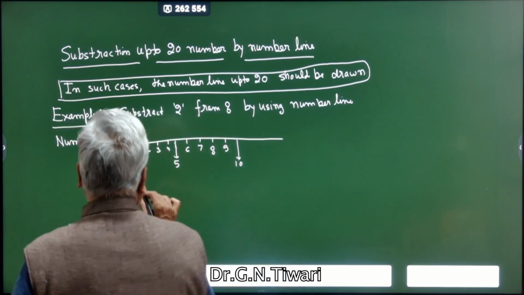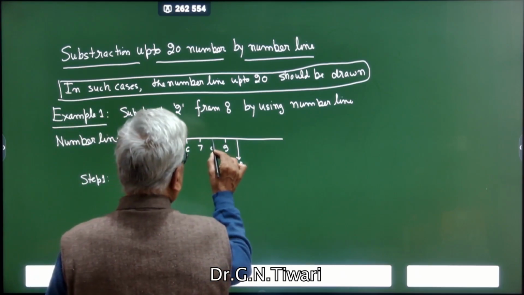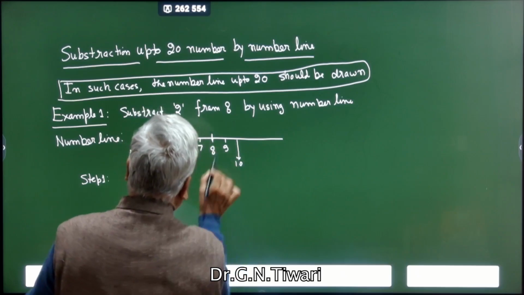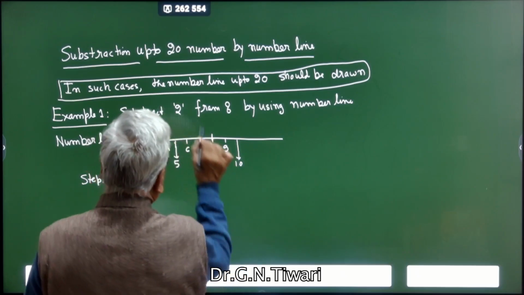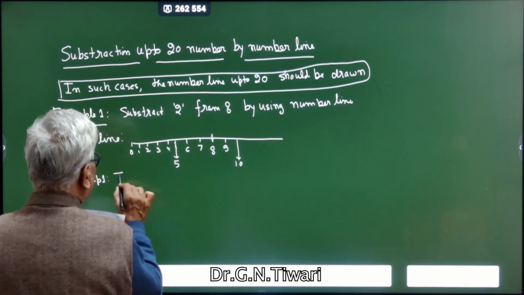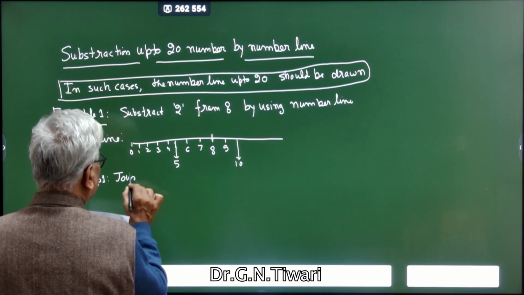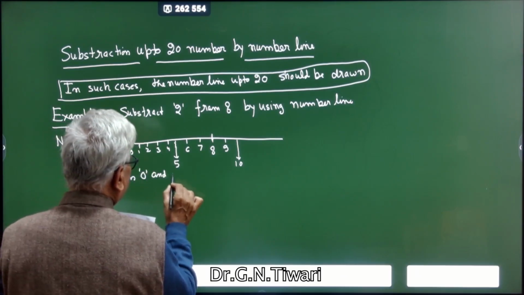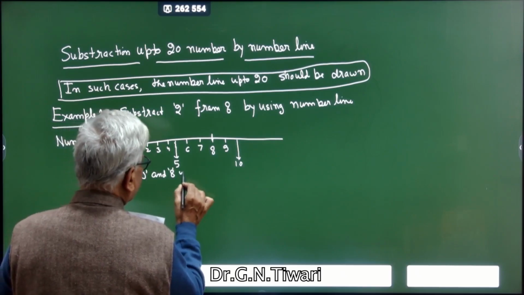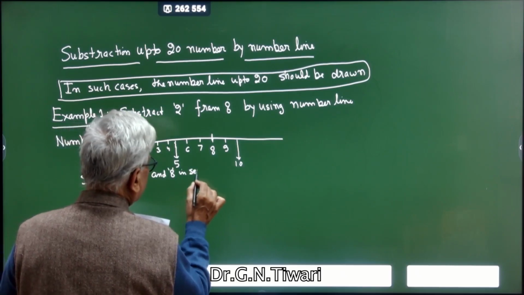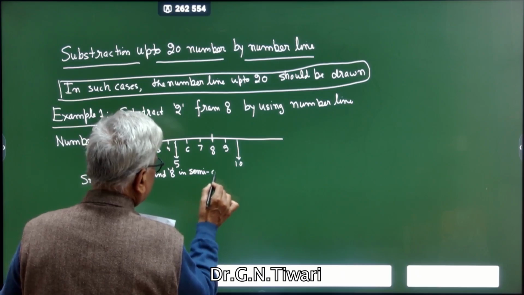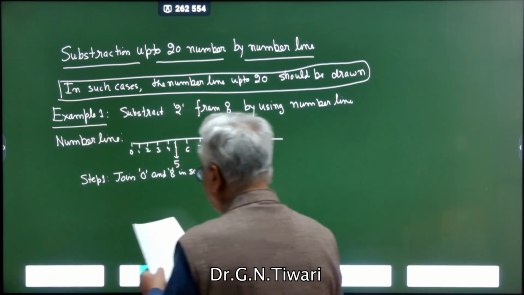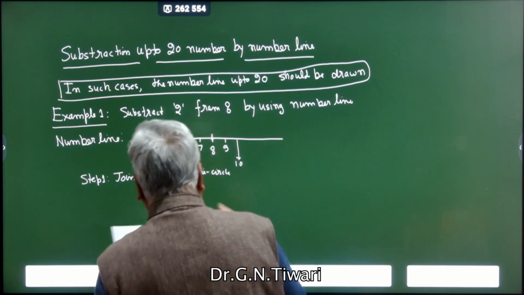So step 1, join 0 and 8. 8 means just put a line above this thing, so you will remember where to start and where to end. So join 0 and 8 in a semicircle on top of the number line.